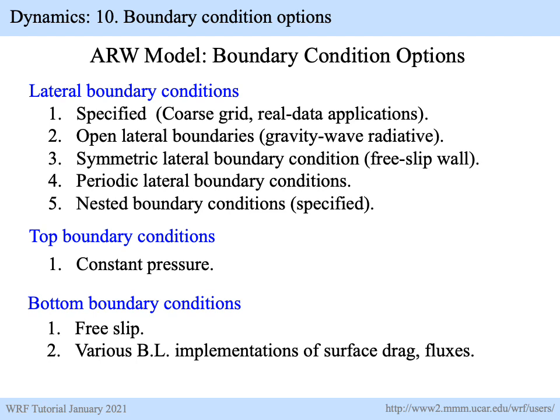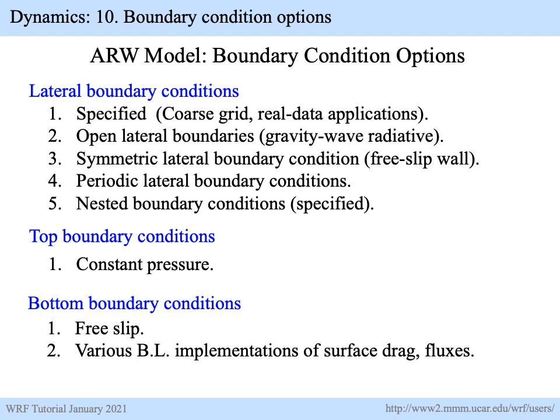We also have open lateral boundaries, which are radiative conditions, which are used in idealized cases. Also symmetric lateral boundaries or free slip walls that are also used in idealized simulations. Periodic, used in idealized simulations. And nested boundary conditions, which are effectively the specified boundary conditions, but those specified values are coming from the outer nest running in the nested conditions.